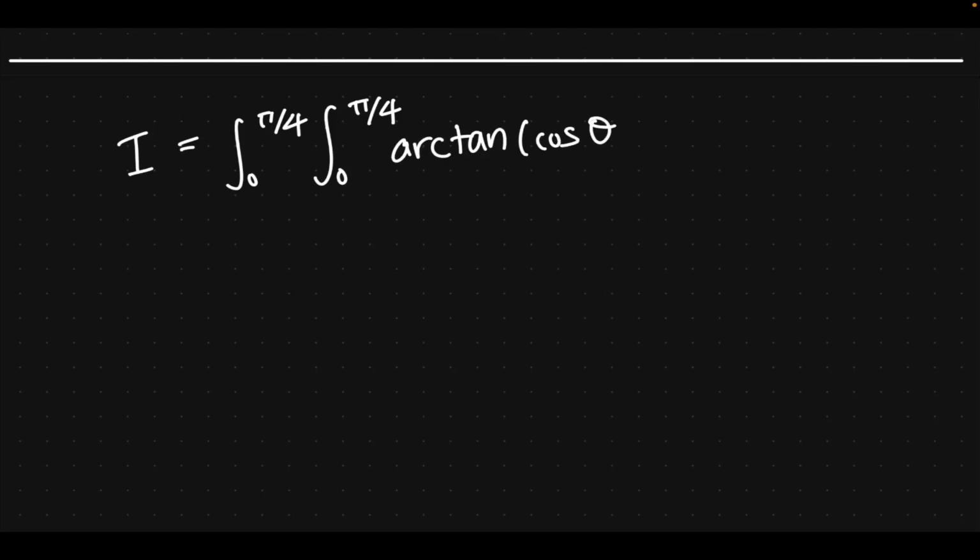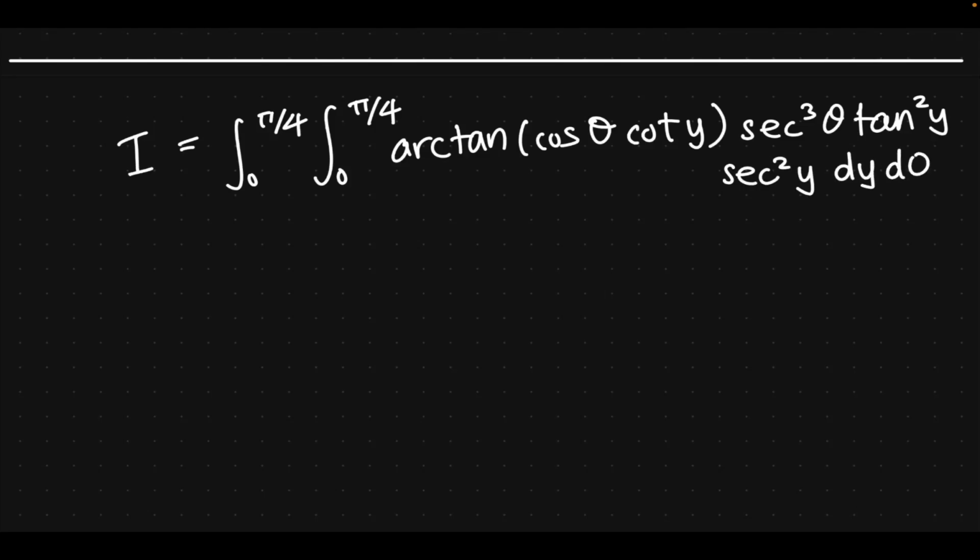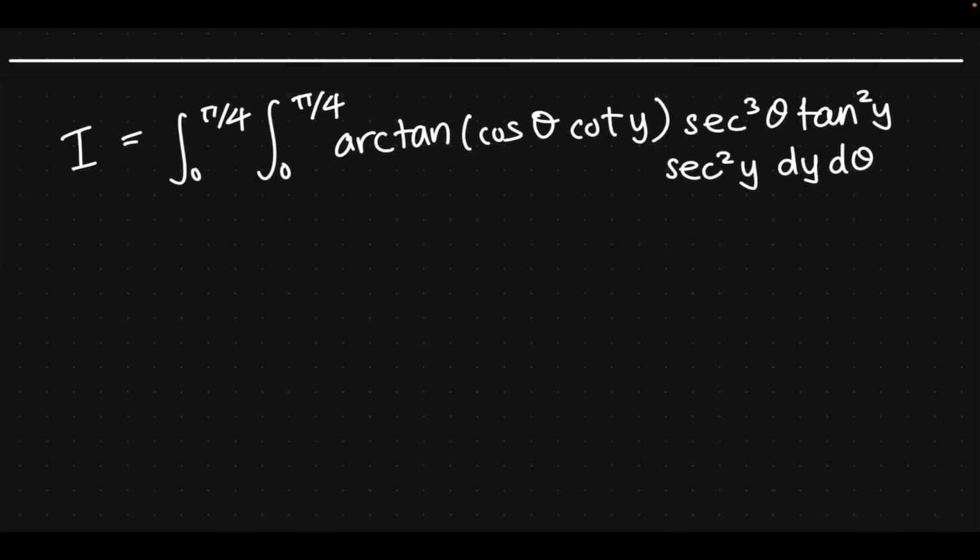So that's I, integral 0 to pi over 4, 0 to pi over 4, arctan of cosine theta cotangent y times secant cube theta tan squared y secant squared y dy d theta, which I will just reorganize nicely.